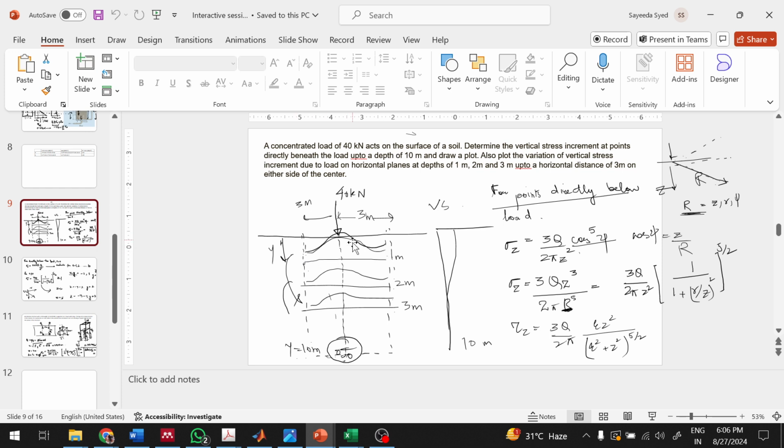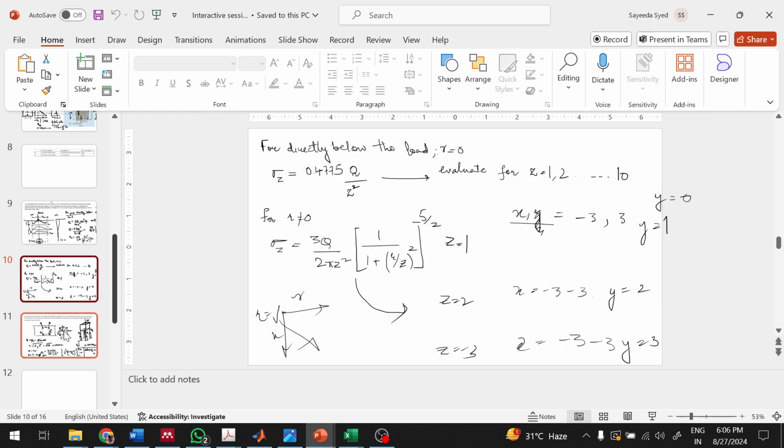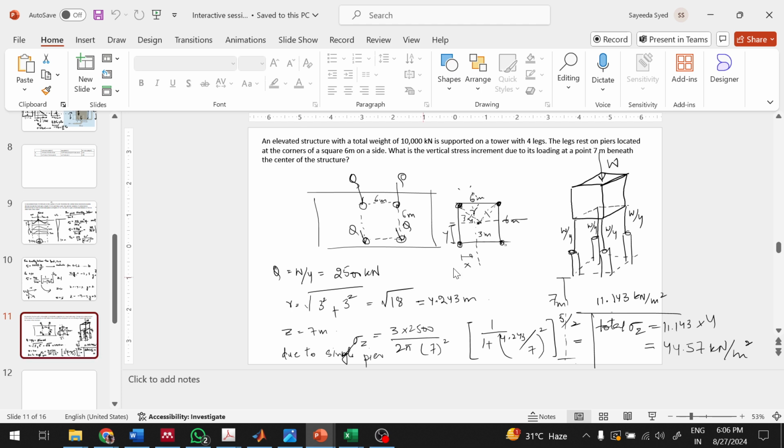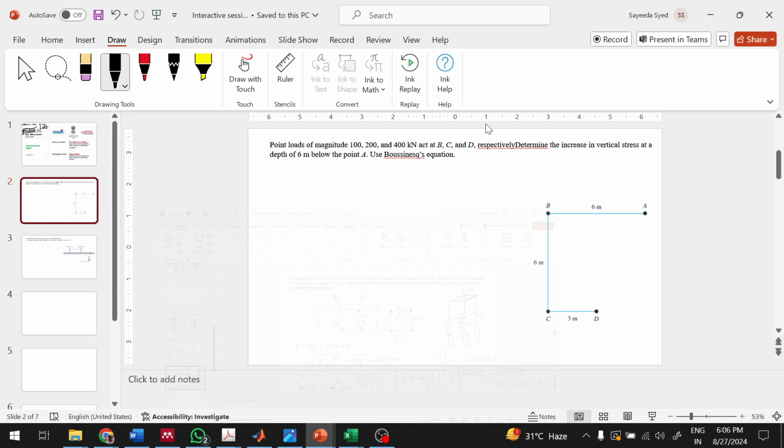We plotted this in Excel and saw how this comes out to be.